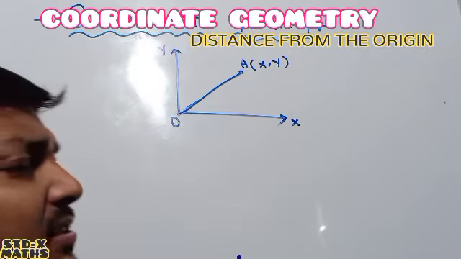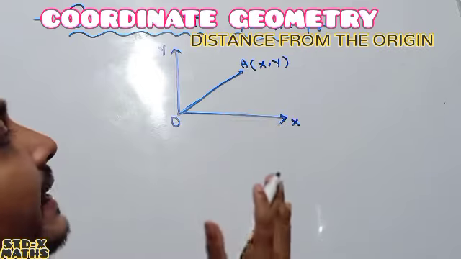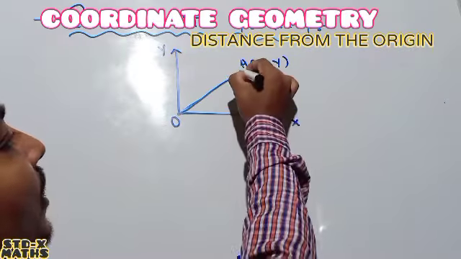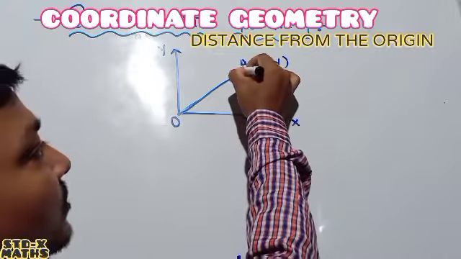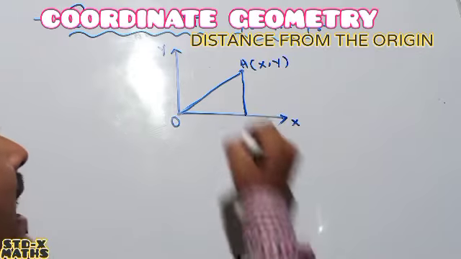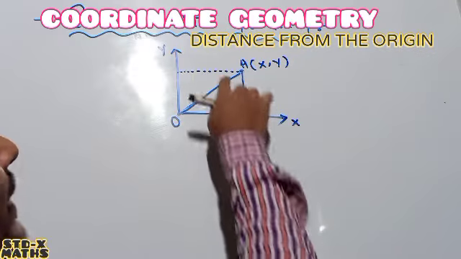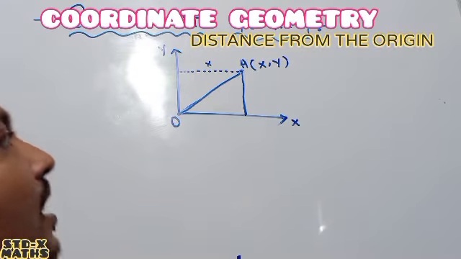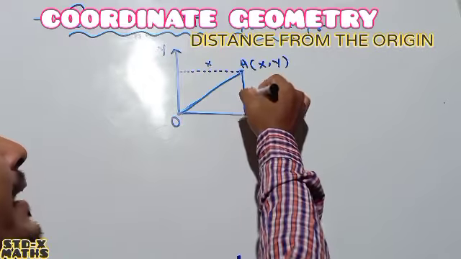See clearly, it is very easy. Whenever you get a situation like this, from the point (x, y) draw a perpendicular to the x-axis and a perpendicular to the y-axis. The perpendicular distance from the y-axis is called the x coordinate, and the perpendicular distance from the x-axis is called the y coordinate.